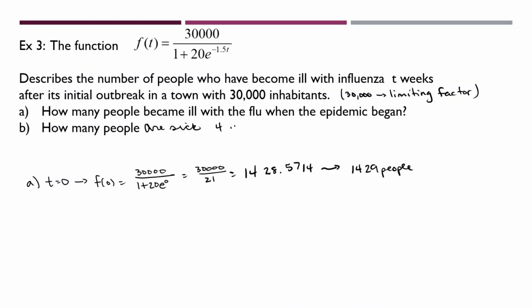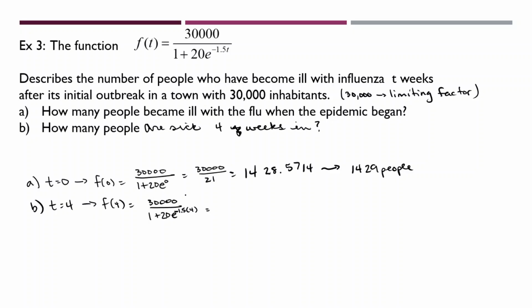Okay. Now, how many people will be sick 4 weeks later into the epidemic? Okay, so for part B, we're doing time equals 4 weeks. So f of 4 is 30,000 over 1 plus 20 e to the negative 1.5 times 4.